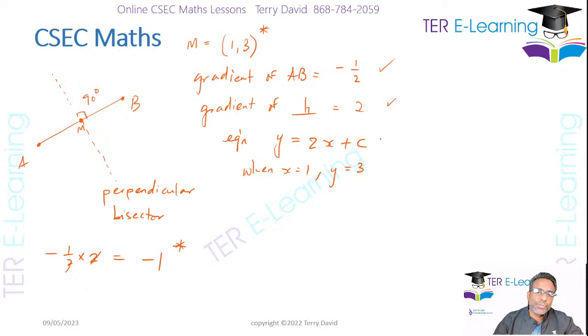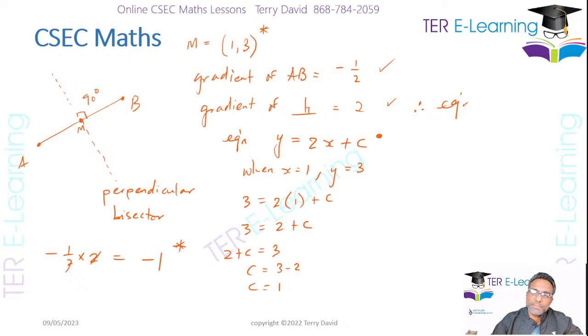I'm going to substitute those into my formula. So 3 is equal to 2 times 1 plus c. So 3 is equal to 2 plus c. C is equal to 3 minus 2, which is 1. So the equation of the perpendicular bisector is y is equal to 2x plus 1.